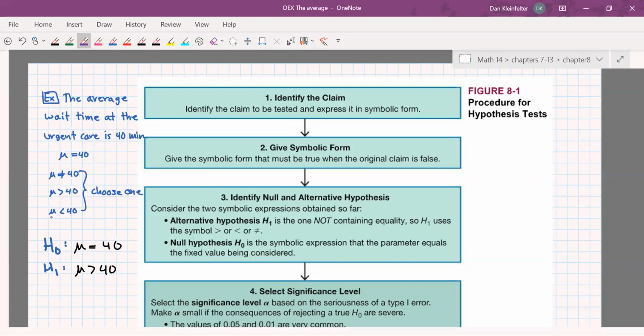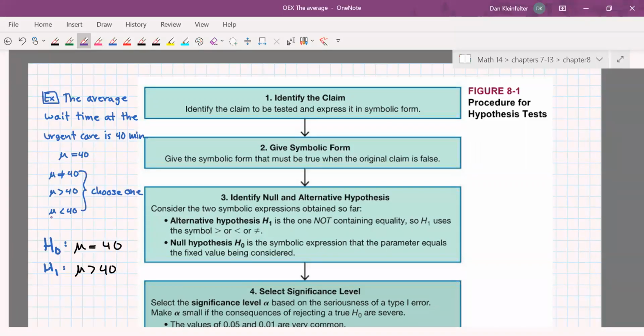Given what you suspect to be true, it's unlikely that the mean is less than 40, and saying it's just not equal to 40 is not that specific. Nobody's really going to care if the mean is not exactly 40 minutes. Most people are going to want to know if the mean is more or less. So we're going to go with greater, because in a way that's worse. You don't want to wait a long time at the urgent care, right?